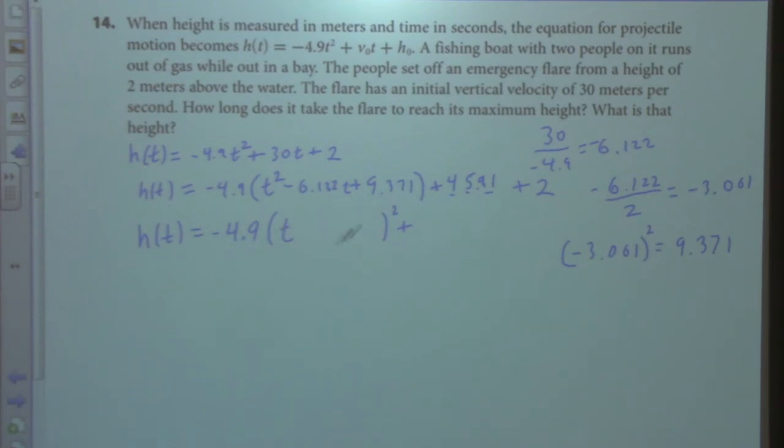So what number goes in here, though? 3.061. And what goes outside here? 47.91. And so can we answer the question now? How long does it take? It takes how long?